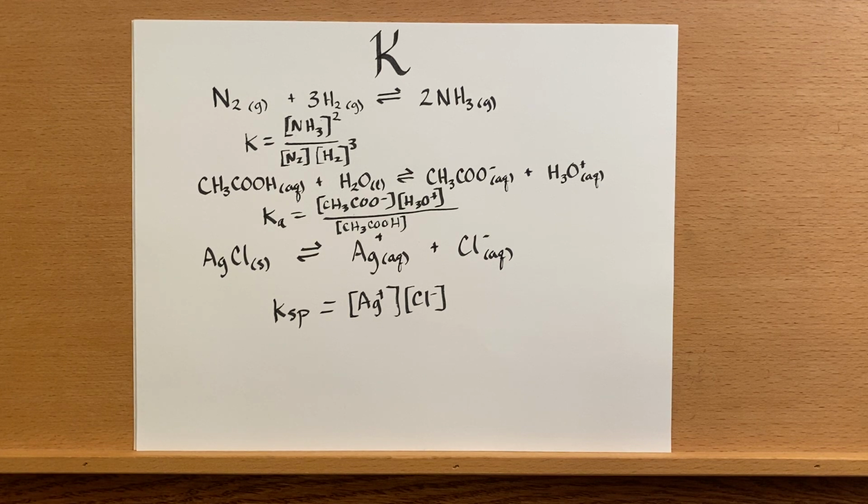So that's a little bit about the equilibrium constant. Now, your book will probably go into a little bit about Kp or Kc. And Kp is just when we use pressures instead of concentration.